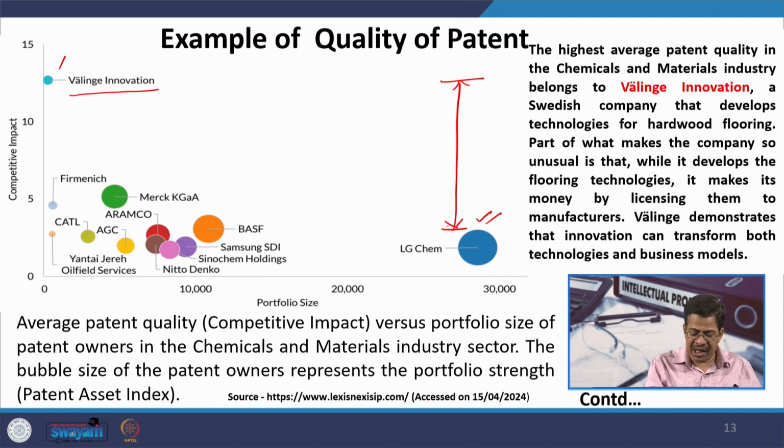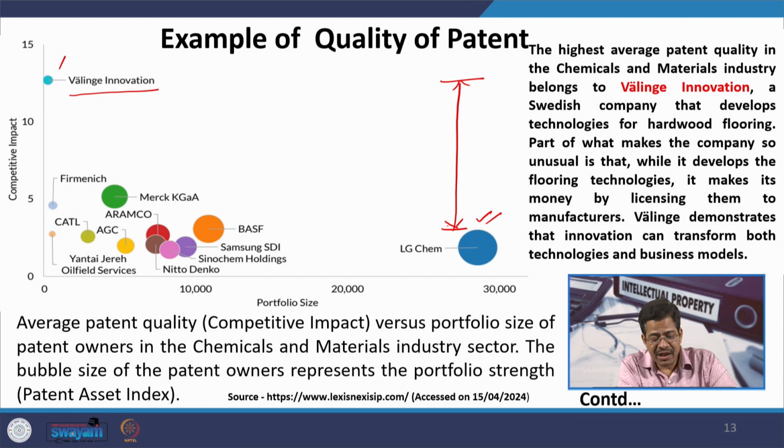Out of all the names on the screen, Velang Innovation has the smallest IP portfolio, but it is very impactful, and you see that it is far ahead with respect to competitive impact than any other company in this industry. So, therefore, you can get superior competitiveness because of the quality of your patent.